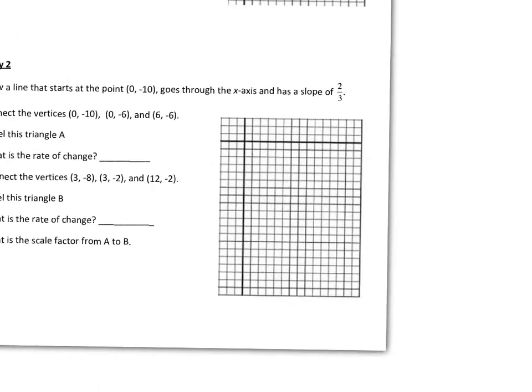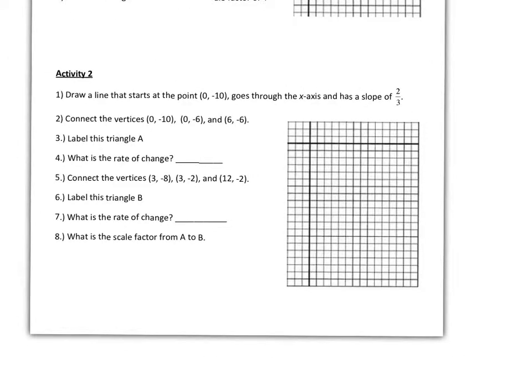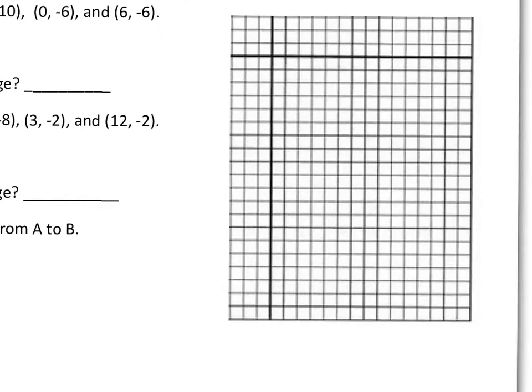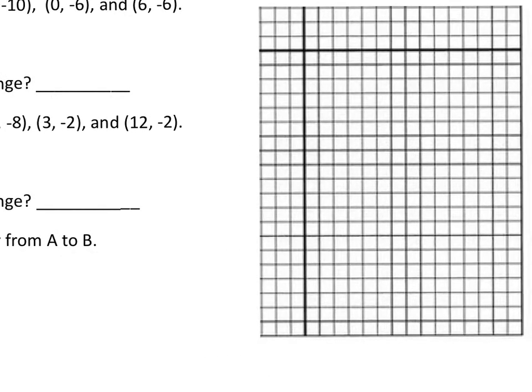Now, it says connect the vertices 0, -10, 0, -6, and 6, -6. We're talking about these 3 points right here. We're going to plot those 3 points and connect them. They should make a triangle. We already have 0, -10. 0, -6 is right here, and 6, -6 is right next to it.